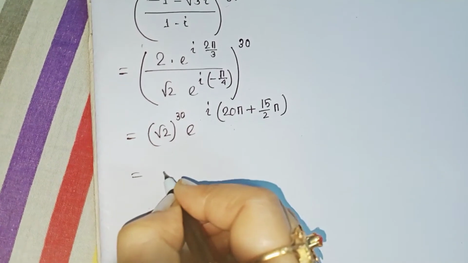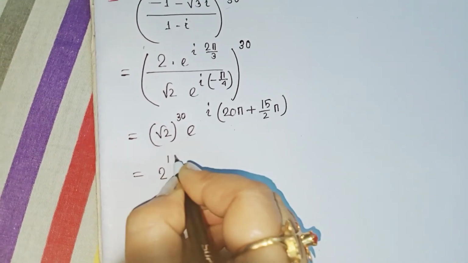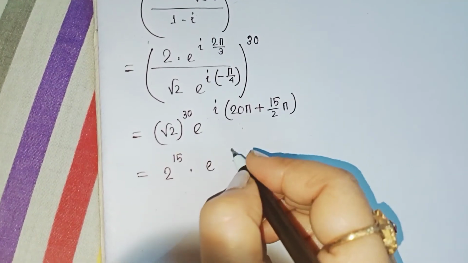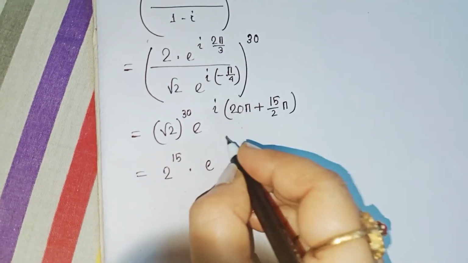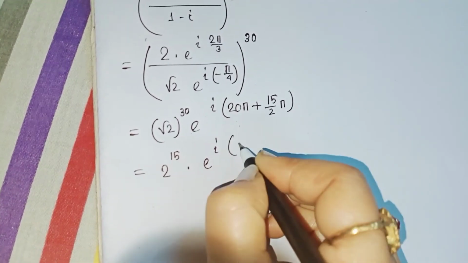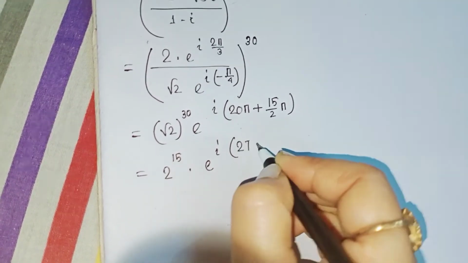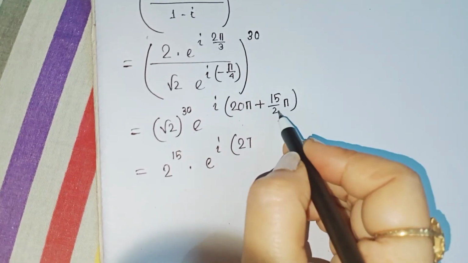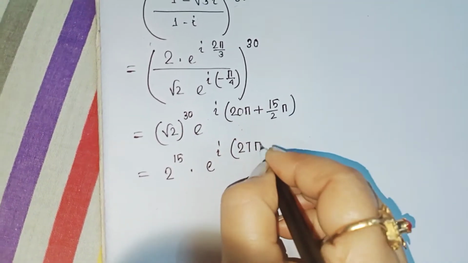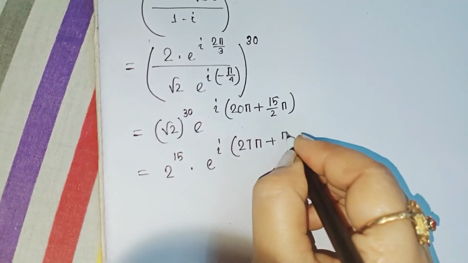That is equal to 2 to the power 15 into e to the power i into 20π, and we write it just 27π plus π by 2.